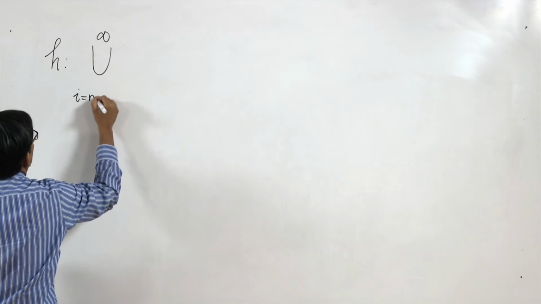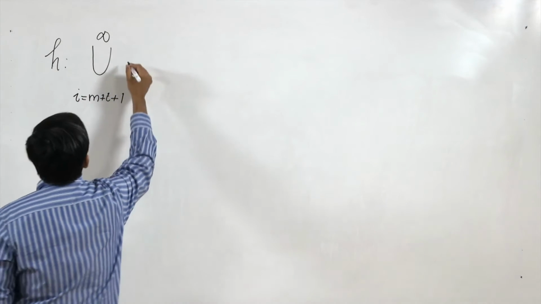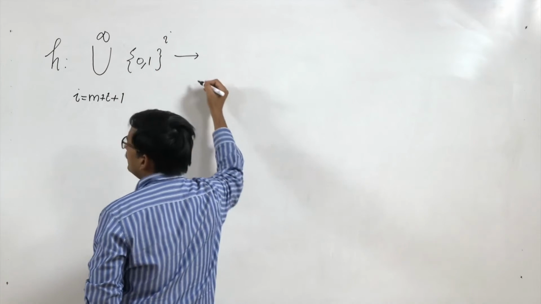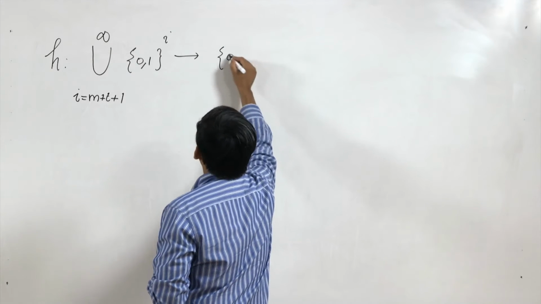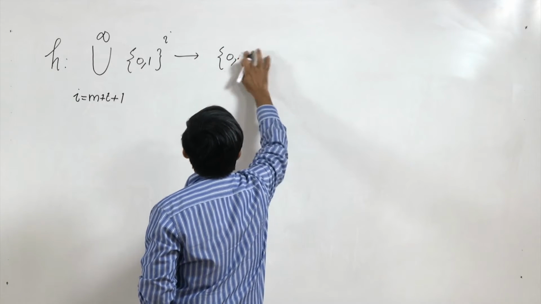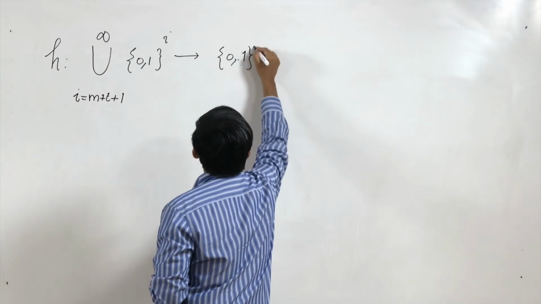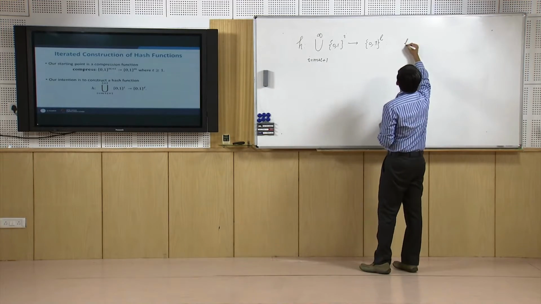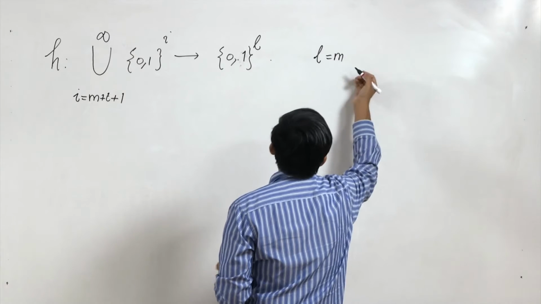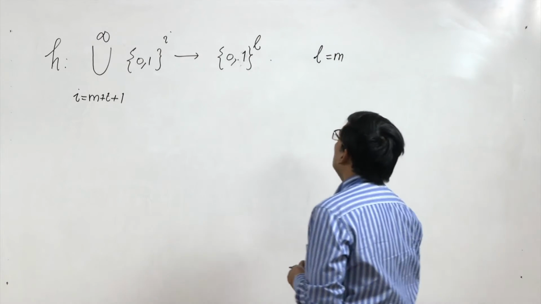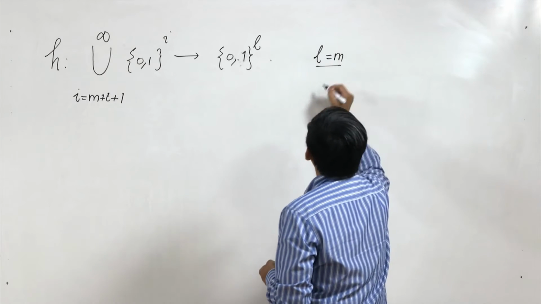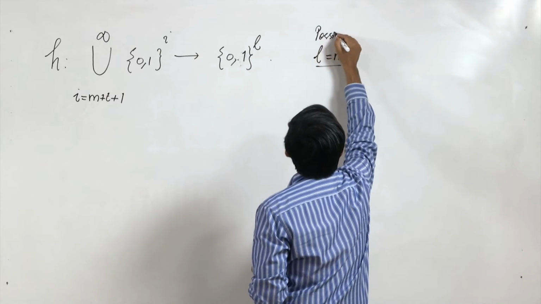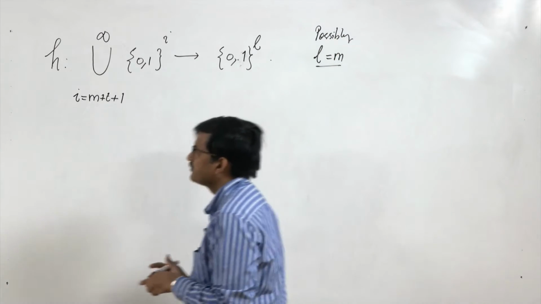So, {0,1}^I going to {0,1}^L, where L may be m, or L may be smaller than m. Possibly L is equal to m.